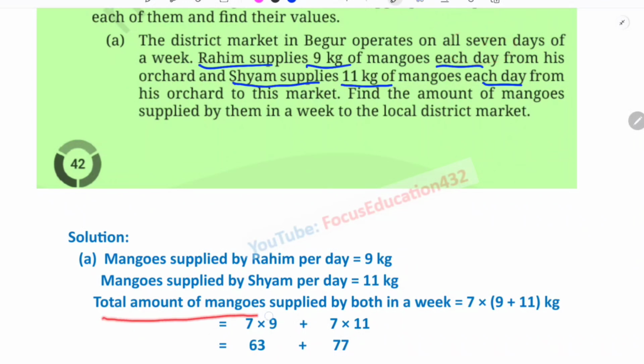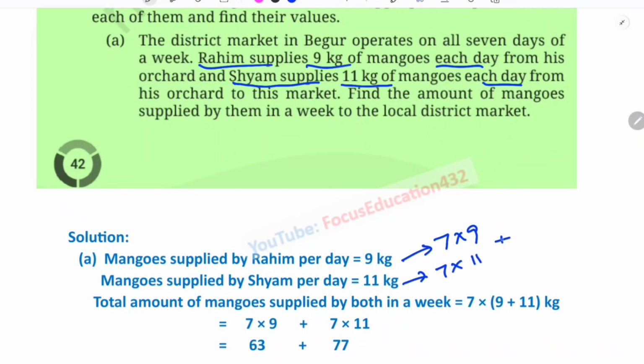So the total amount of mangoes supplied by both in a week is 7 multiplied by (9 plus 11). Because Rahim supplied 9 kg per day for 7 days, that means 7 multiplied by 9. For another one, Sham, it is 7 multiplied by 11. Together means we have to add.